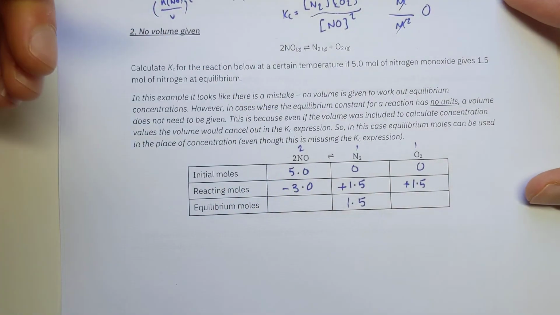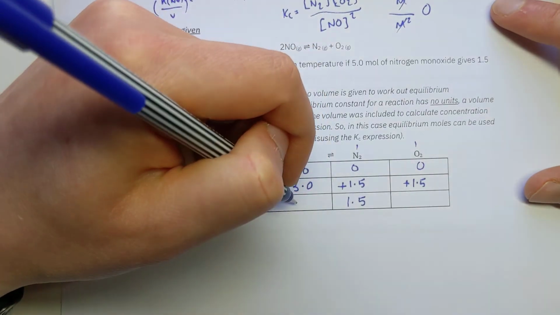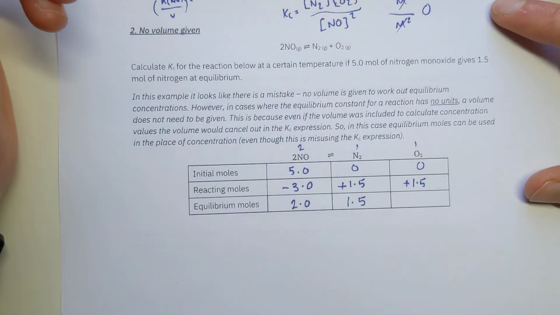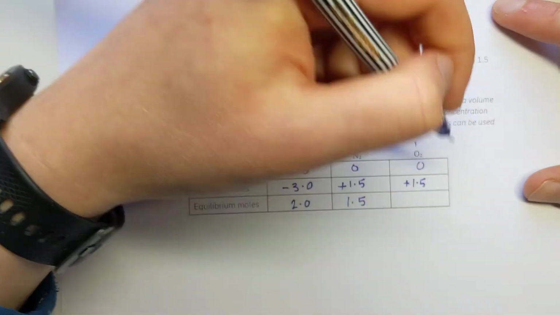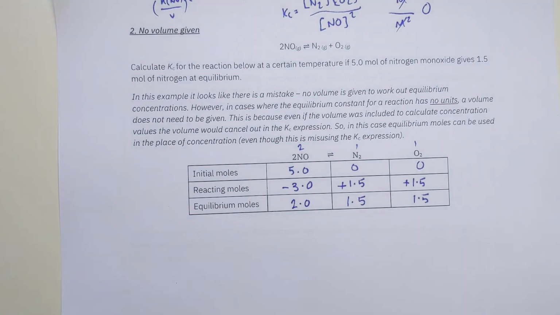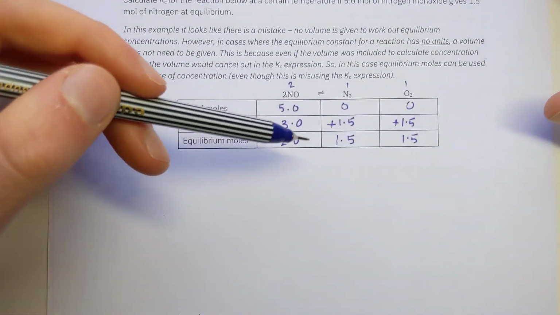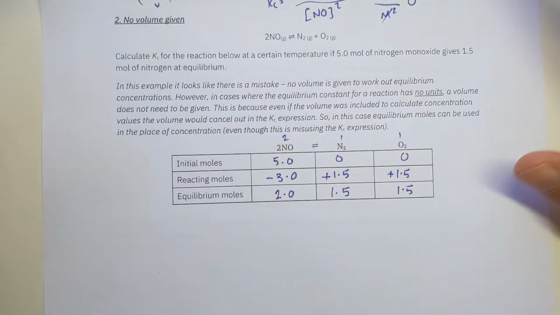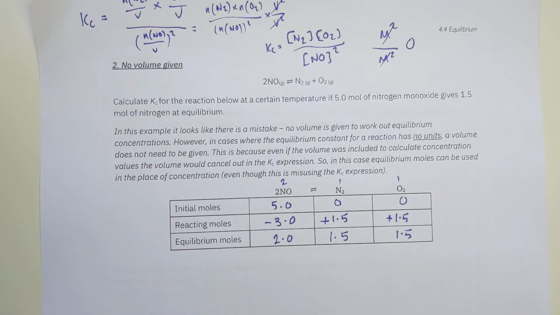So I started with 5 moles of NO, I've used up 3, therefore I must have 2.0 moles remaining. With oxygen, I started with nothing, I made 1.5 moles of it, therefore I've got 1.5 moles of it at equilibrium. Now the key step here, just to re-emphasize again, because I didn't have any units to my Kc expression I worked out at the top, I can just chuck these values into Kc, even though it's strictly speaking not correct because they're not concentration values.